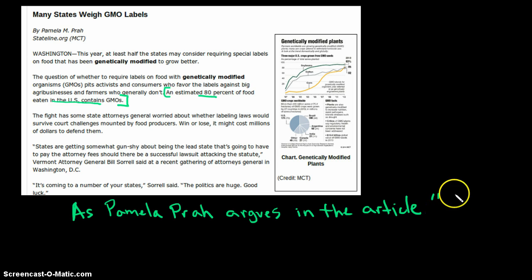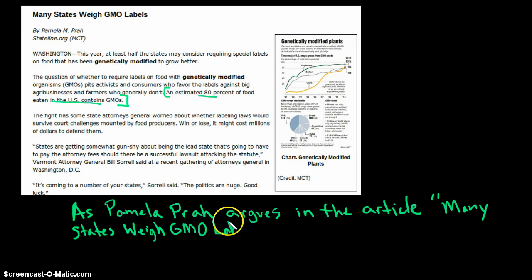So in the article, "Many States Weigh GMO Labels," comma, end quote, because this is an article title, and then we would begin, and then this is indicating the quote here.